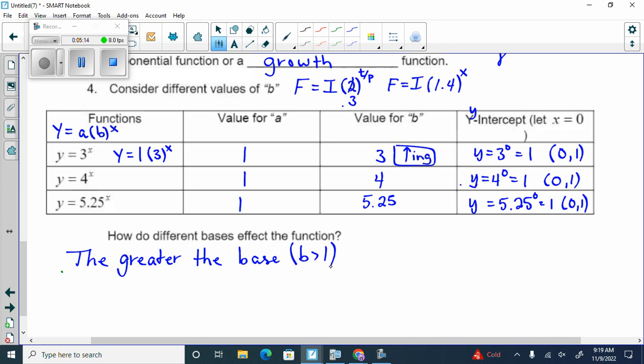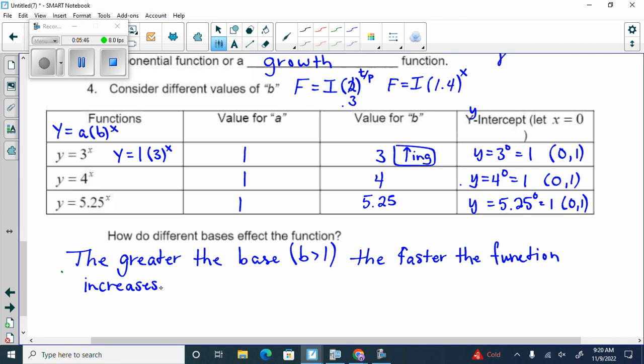So the greater the base, b is greater than 1, the faster the function increases. I actually find this lesson a lot easier to understand if you know your word problems, because your word problems kind of set you up for whether it's increasing or decreasing off of your b value.